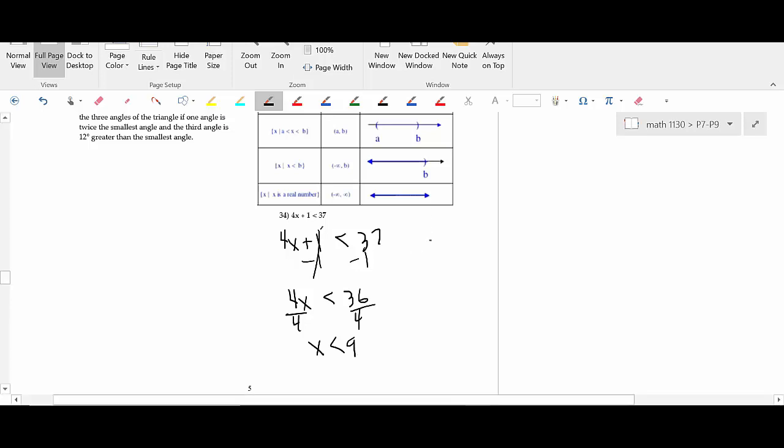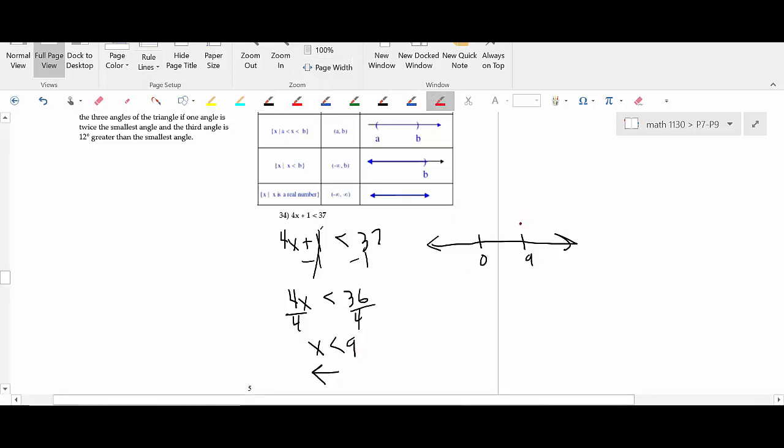Now this is real important in this class and in calculus: you graph on a number line. If I have you do a number line, all I care about is you put 0 and you put 9. You don't have to put all those little notches. I don't care about that. So this is less than. Less than means all of the numbers that are less than 9 are to the left of it.